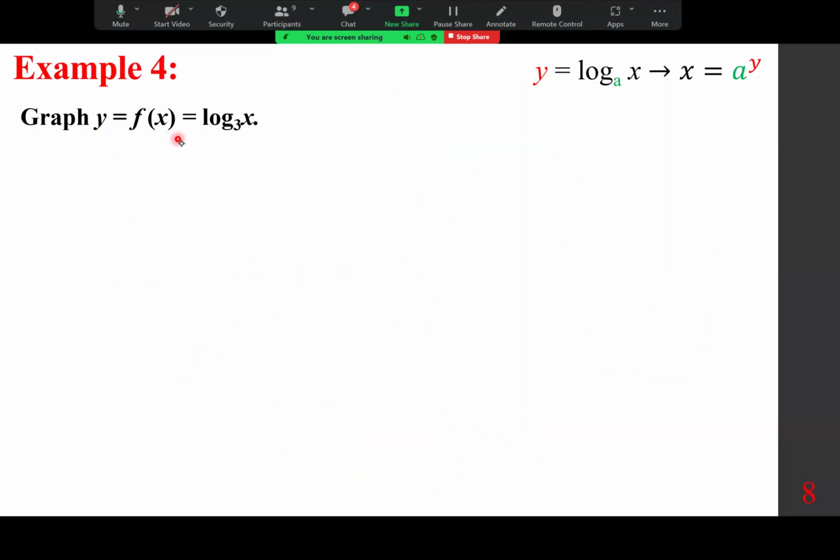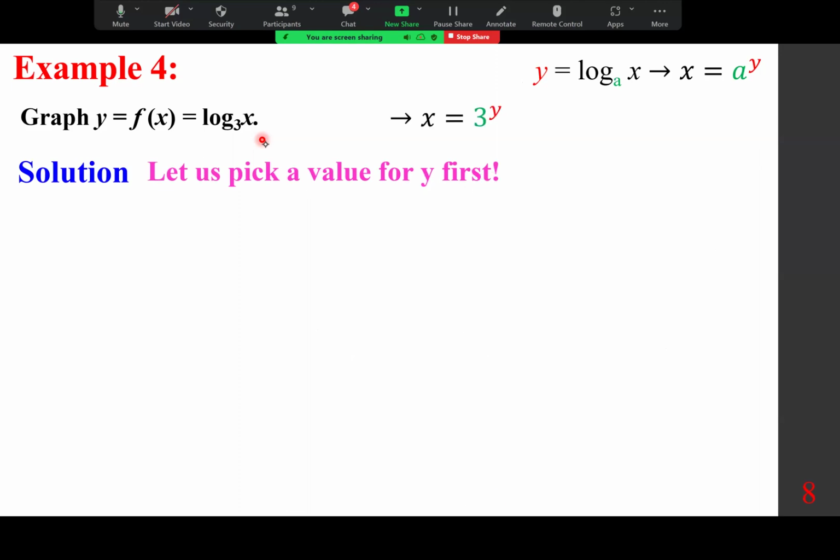Let's graph y equals f of x equals log x base 3. We are going to write this as x equals 3 to the power of y. And therefore, we pick a value for y first.